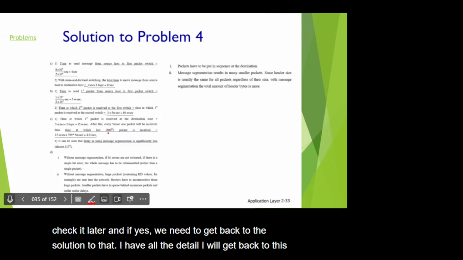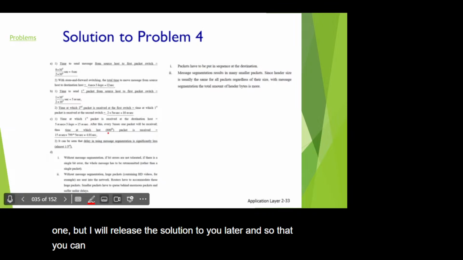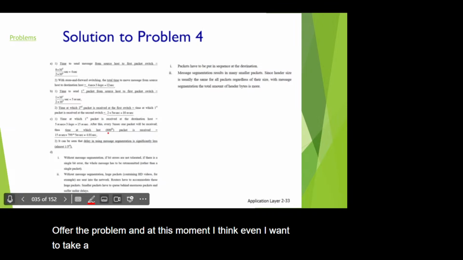But I will release the solution to you later, so that you can have the details of the problem. At this moment, even if I want to take a picture, it is not a good resolution. So let me go to the next one.